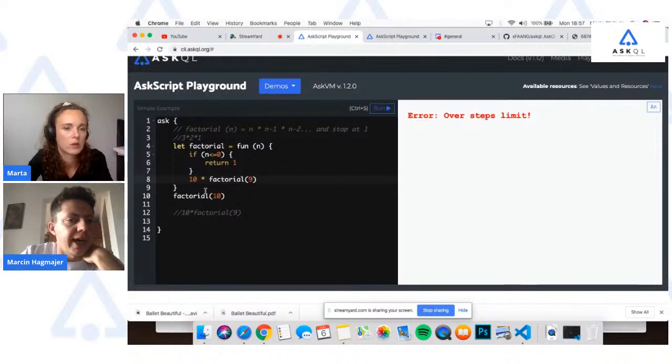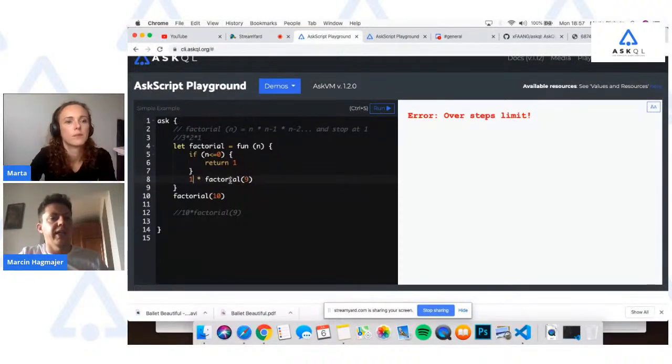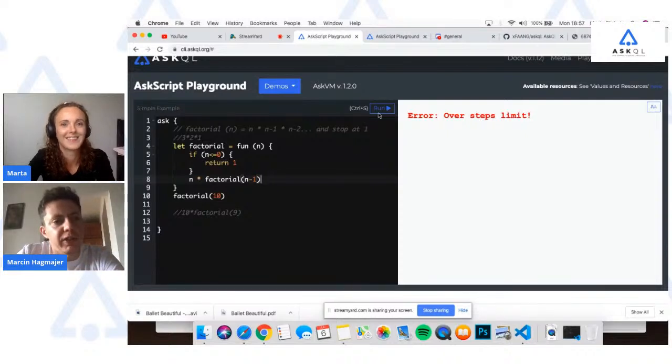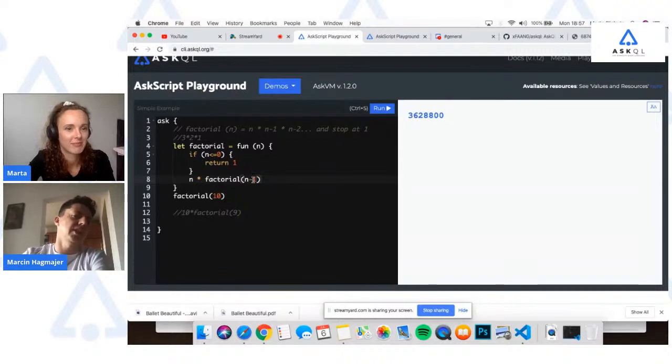Let's maybe use n somewhere here, and let's not use 10, but use n. Like this? I don't know, neither do I. Let's try it, figure out what it says and why it works. Oops. Oh, that's interesting. We got a large number. Let's play with this a little bit more and understand what it does.